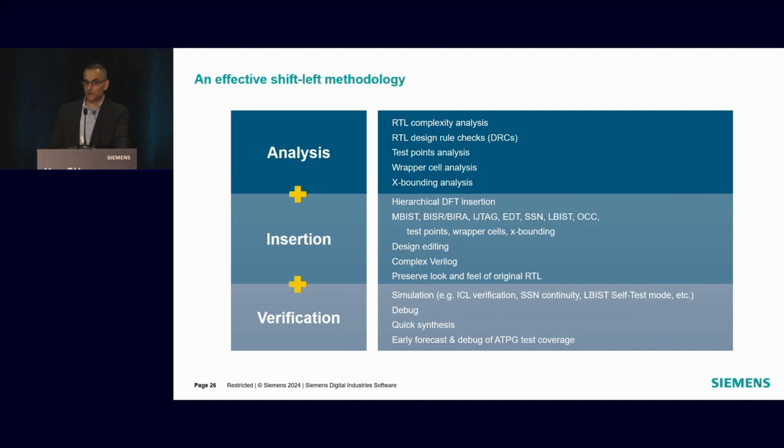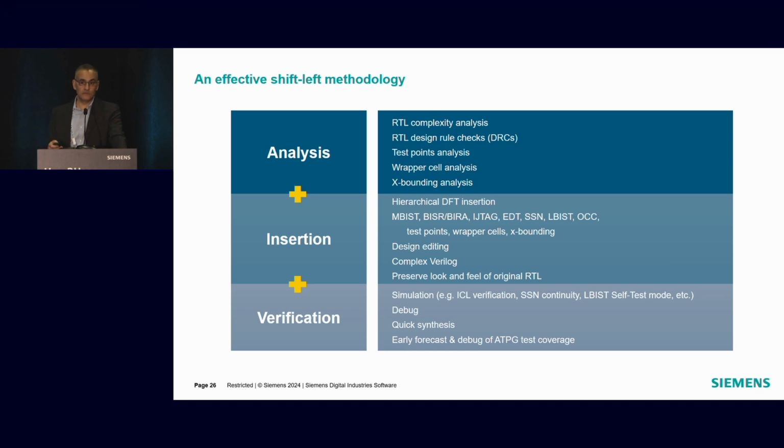So just to summarize, this is really the vision that we have of what an effective DFT and shift-left strategy is. You don't need just insertion. There's analysis, insertion, and verification. So being able to do things like DRCs early on, RTL complexity analysis, now with test points, wrapper cells, and X-bounding analysis, all of that at RTL.